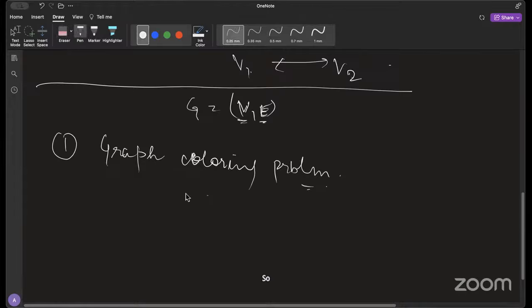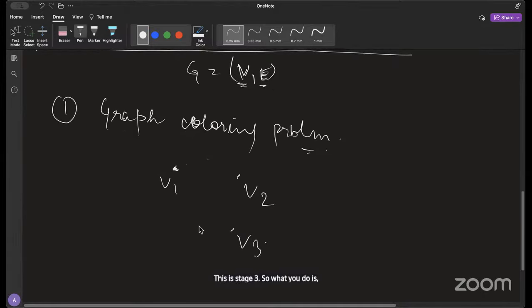Let's say you have states here. This is state one, this is state two, this is state three. How do you draw a graph? You mark the states here, and your vertices will be the states.